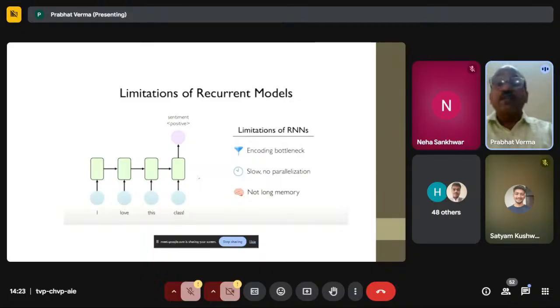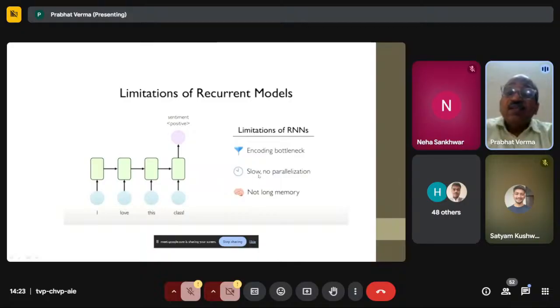Now, there are certain limitations of these recurrent models, the RNNs. Essentially RNNs are sequential in nature because they follow the recurrence relation. The information is flowing sequentially only, so obviously there is an encoding bottleneck. It is time taking, so it may not be very suitable for real-time applications, because you have to encode the information sequentially only.